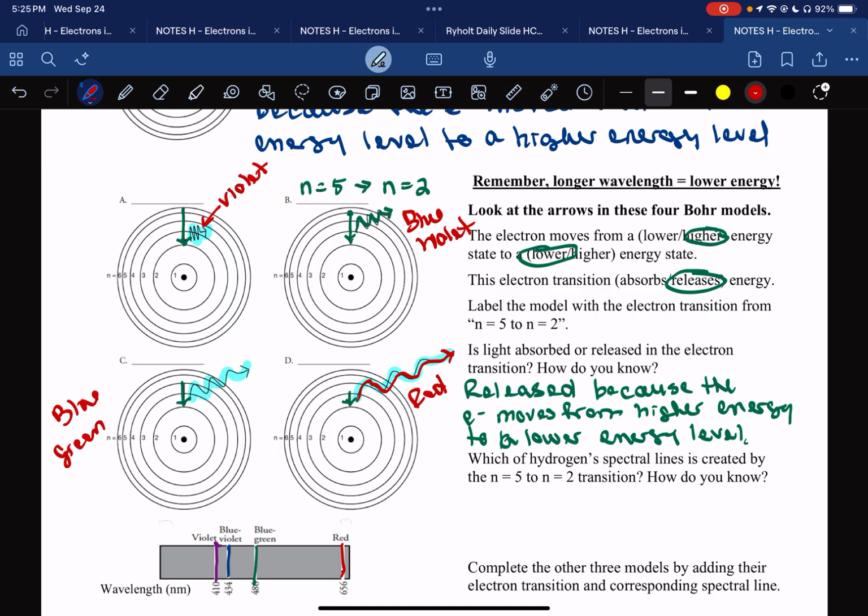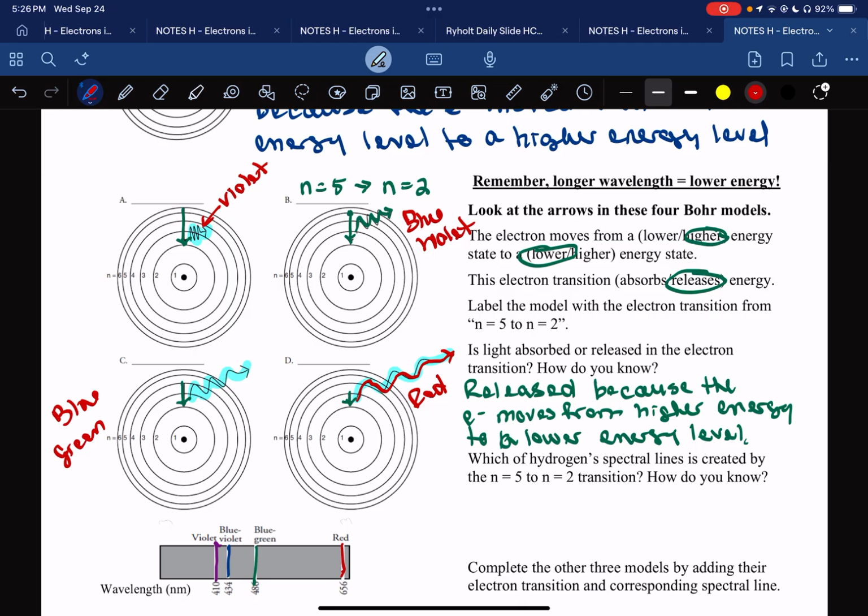So the key takeaway here is that there is a relationship between how many energy levels you're falling from, I guess is one way to say it, and the energy that is being emitted.